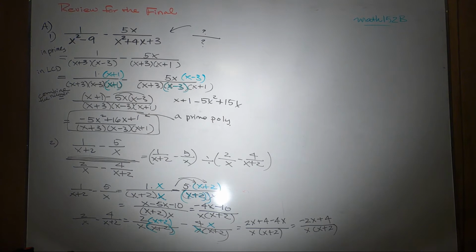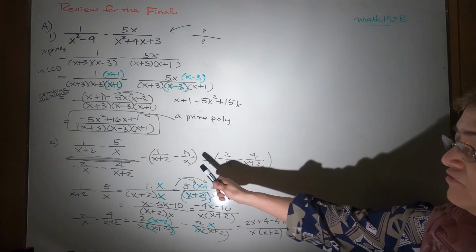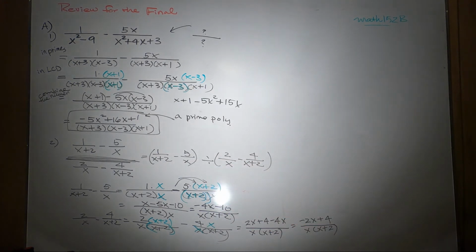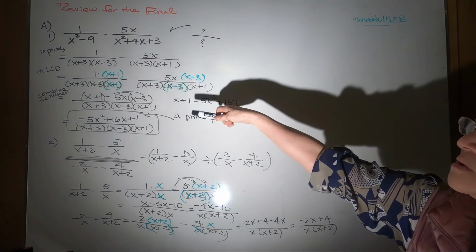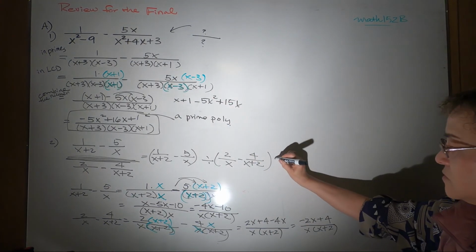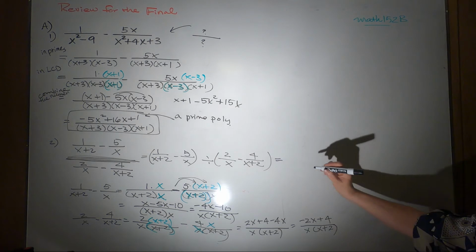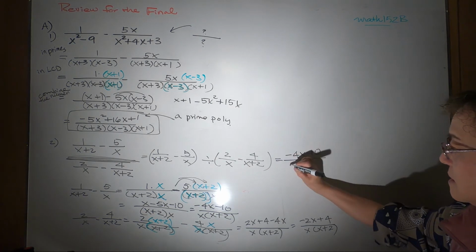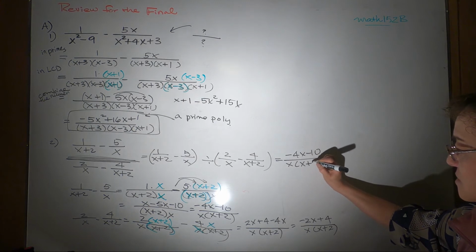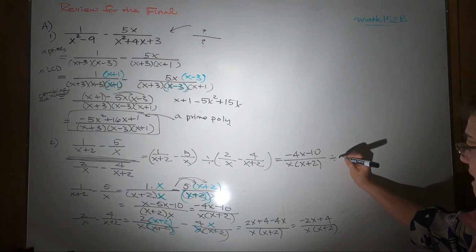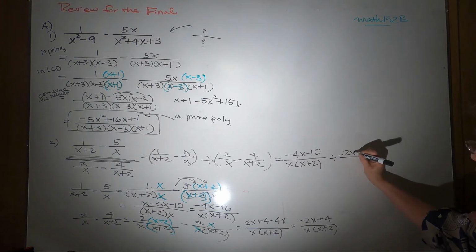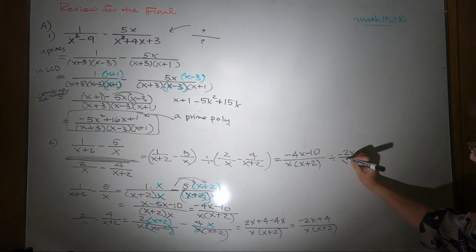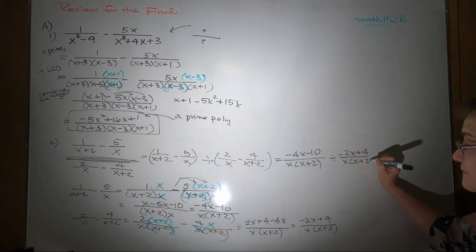Okay, so we make an individual fraction, just like those, you simplify them. So what we have now is negative 4x minus 10 over x plus 2, divided by negative 2x plus 4 over x plus 2, right?